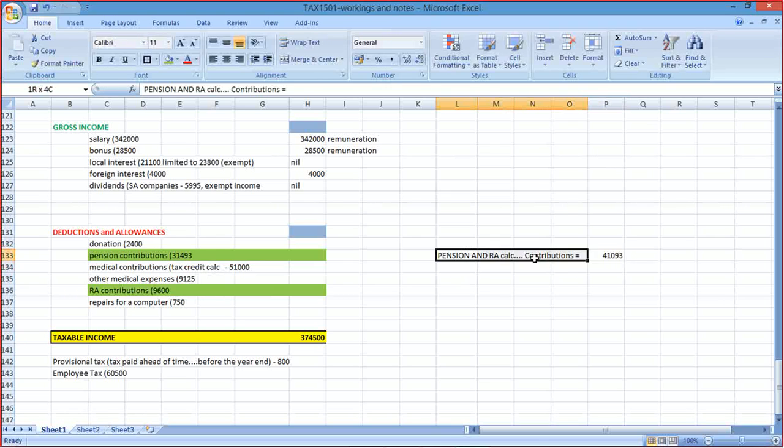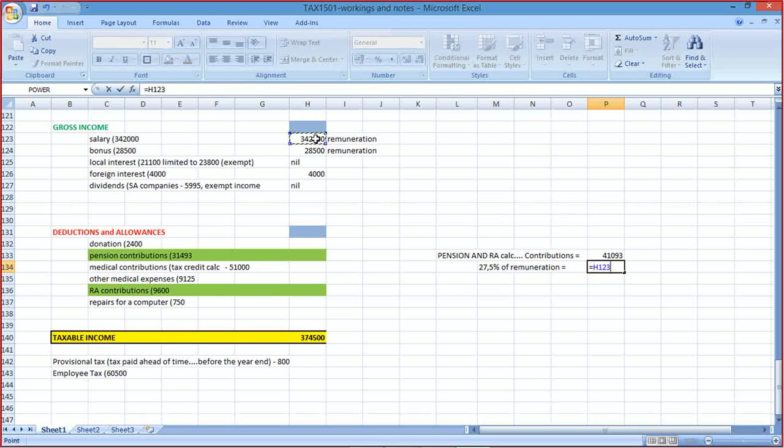There's my contributions. 27.5% of remuneration equals, let's check, this plus this, close brackets, times 0.275 gives me that figure.